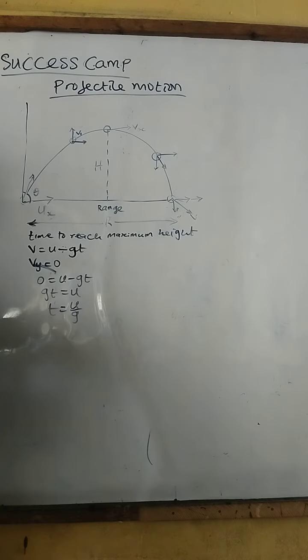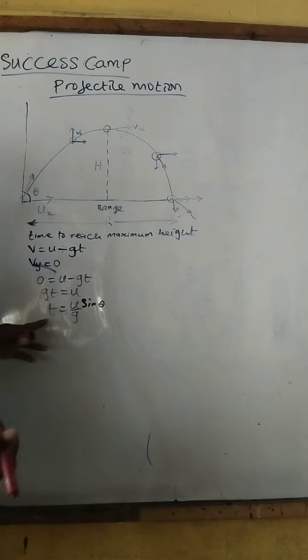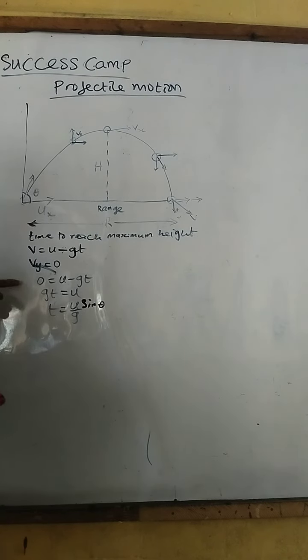If you are going to be equating this using sine, we are going to be making it sine theta. So you can either say time to reach maximum height is u over g or u sine theta over g. And so now we are through with that.